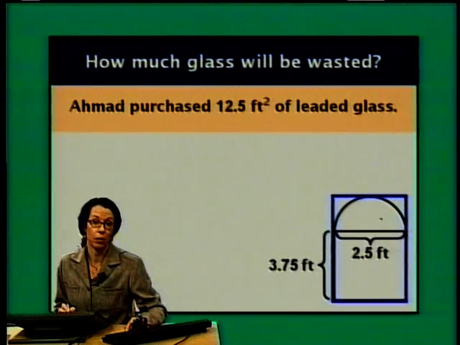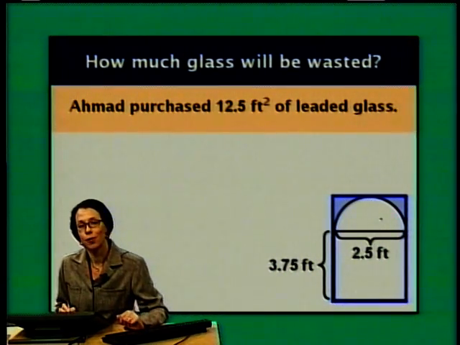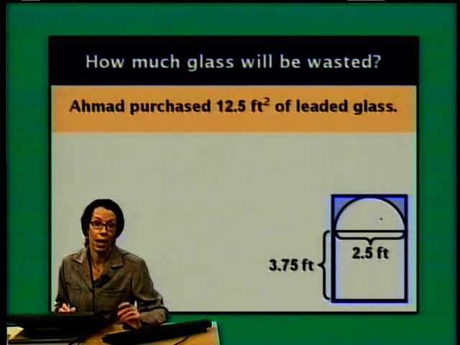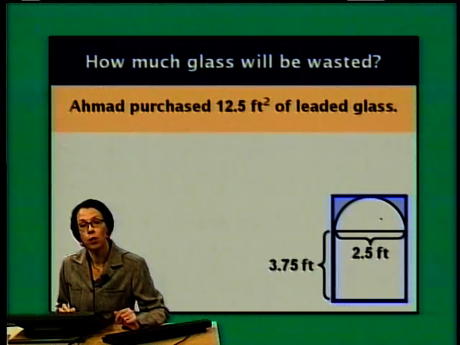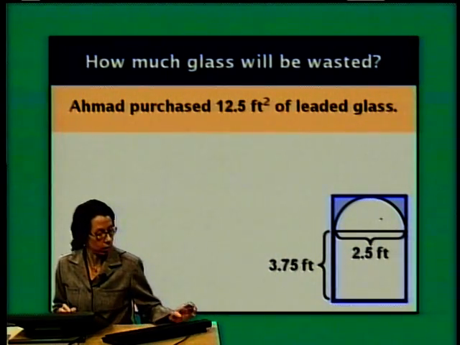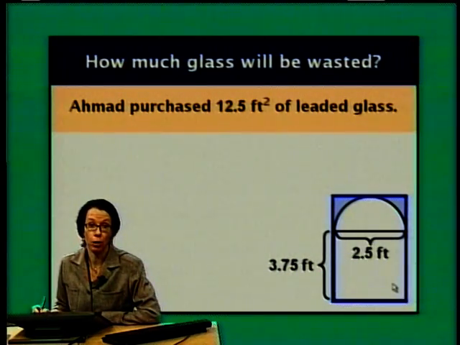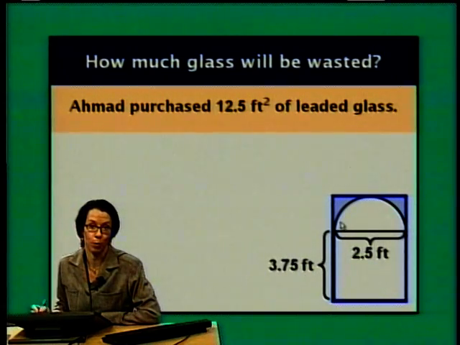Here's the piece of glass he purchased, and this region that I've shaded in represents the waste. So to figure out the amount of waste, I'm going to take away from 12.5 square feet the actual area of the window. So to calculate the area of the window, I'm going to need to calculate the area of the rectangular portion and the area of the semicircular portion and add those 2 areas together.